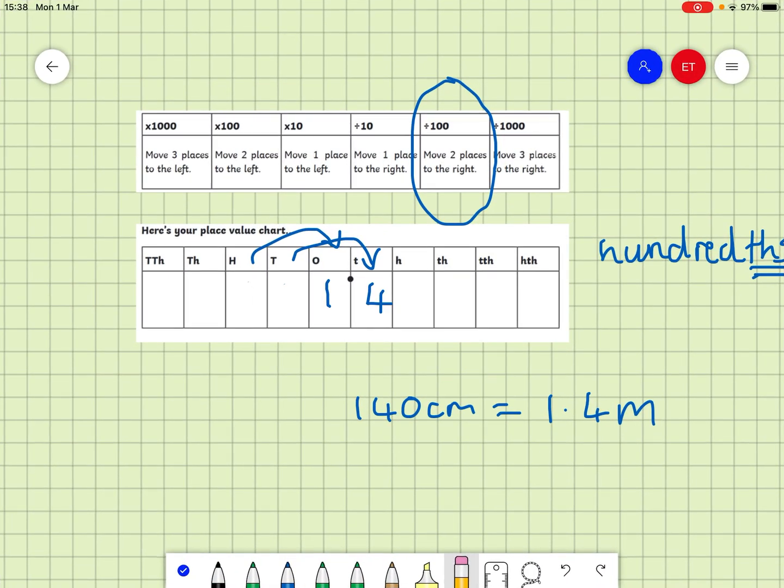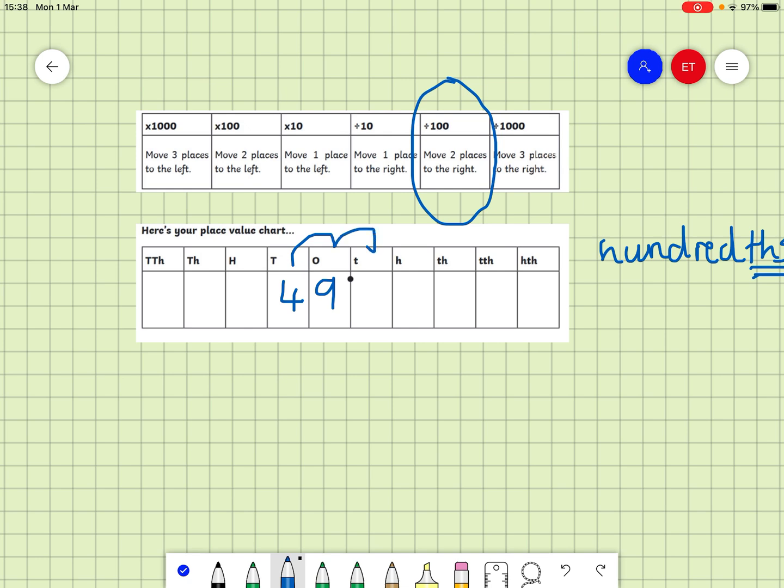So again, let's use our charts. Now you don't have to use this chart if you totally understand what's happening. So 49 centimeters. If we're dividing by 100, they move 2 places to the right. So the 4 goes here, and the 9 goes here. Now you're probably thinking, well, what goes here?